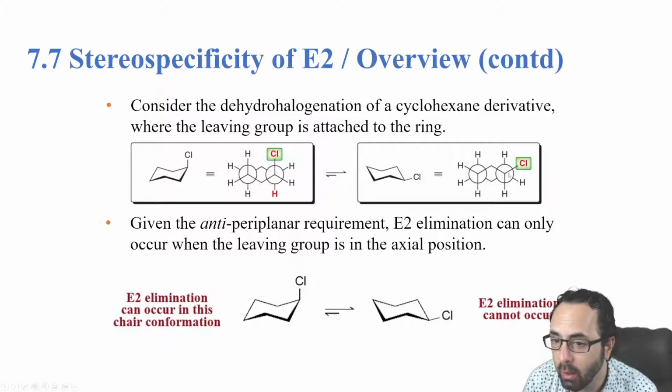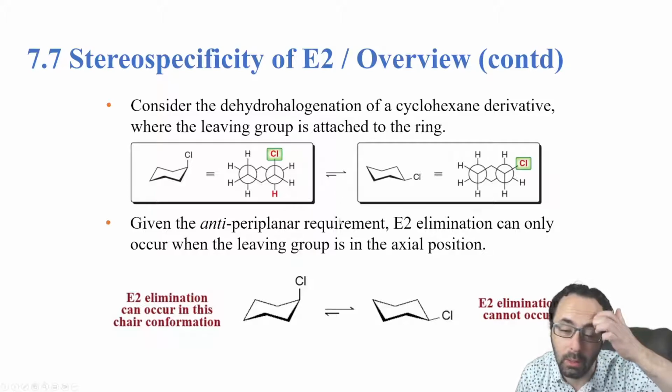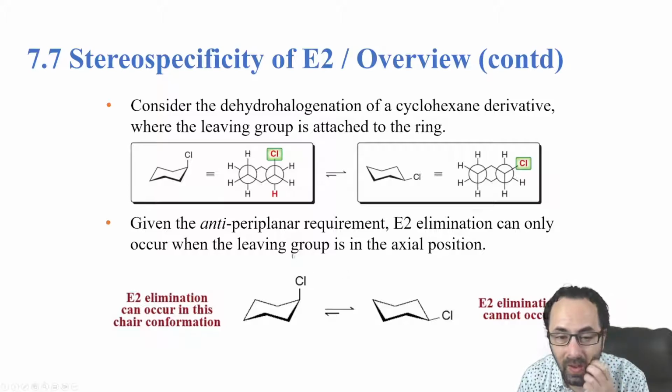Notice that there's not going to be a hydrogen that's anti-periplanar when the chlorine is in the equatorial position, because on those neighboring carbons, there's actually going to be a carbon that's not a hydrogen, right? Whereas here, the hydrogen is axial. So you cannot have an E2 elimination when the leaving group is in the equatorial position. It must be in the axial position, which can place it anti-periplanar to a hydrogen.